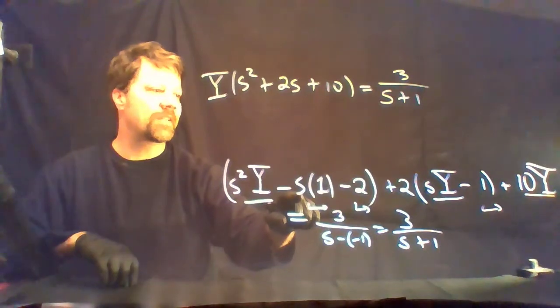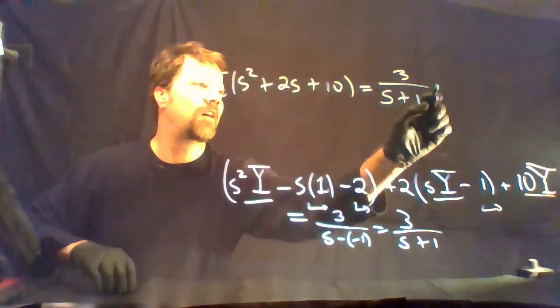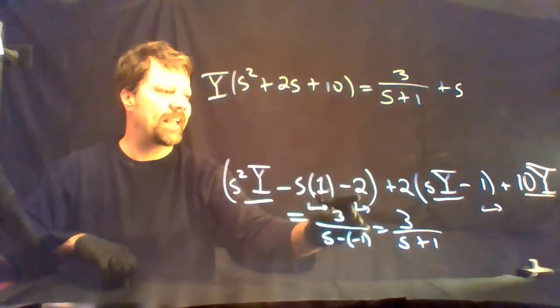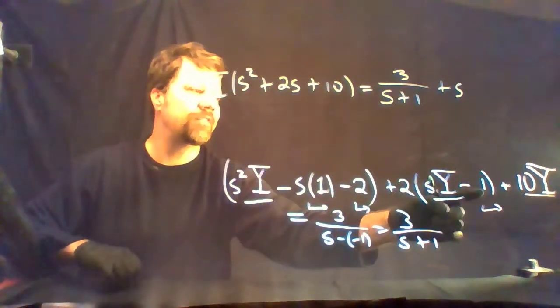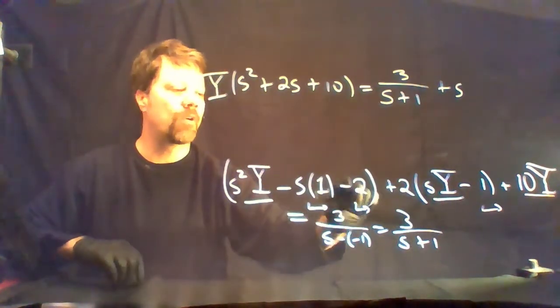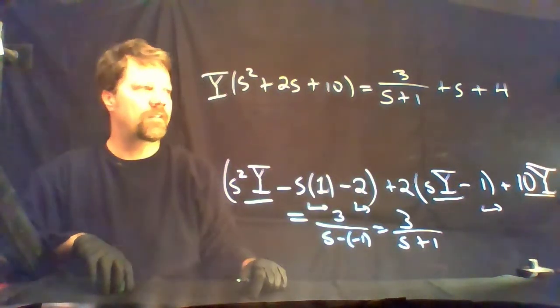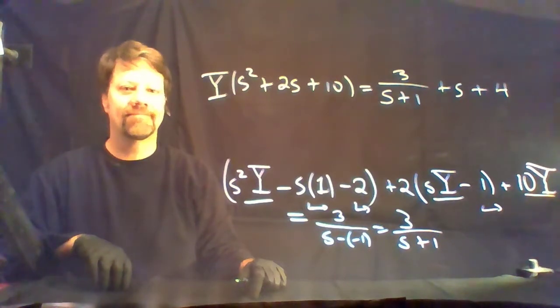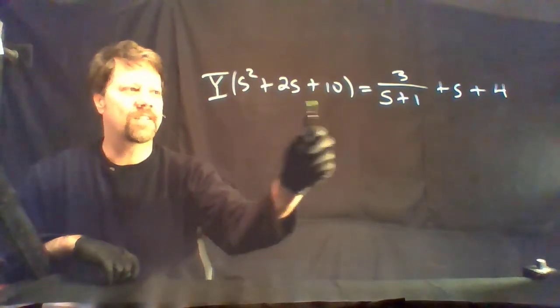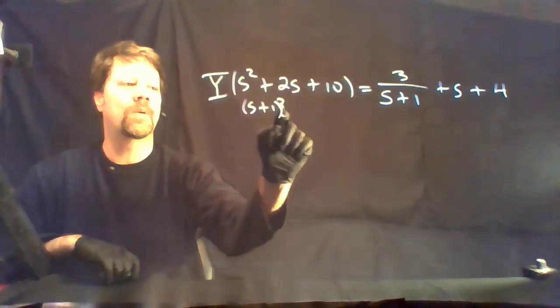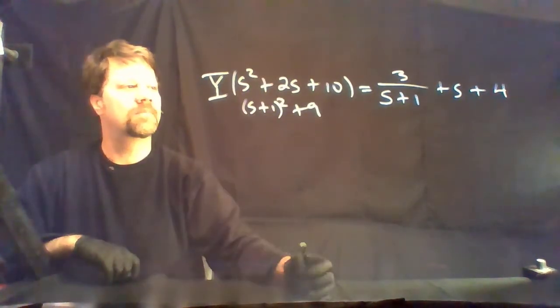This term brings an s plus s to the right-hand side. Here we have a negative 2, and here's another negative 2, for a total of negative 4. When it goes to the right-hand side, it is plus 4. Completing a square here, you can see that this is going to be s plus 1 squared plus 9.